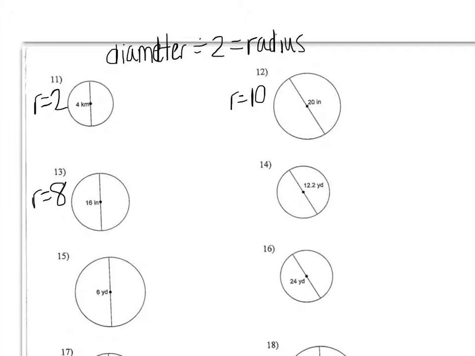Number 14, our diameter is 12.2, which means our radius is 6.1. Okay. Number 15, our diameter is 6, our radius is 3. And number 16, our diameter is 24. 24 divided by 2 gives us a radius of 12. You have to do the same thing for all of those. It's very easy. Then it's exactly like the last problem.